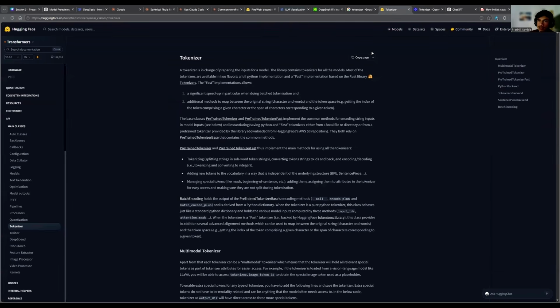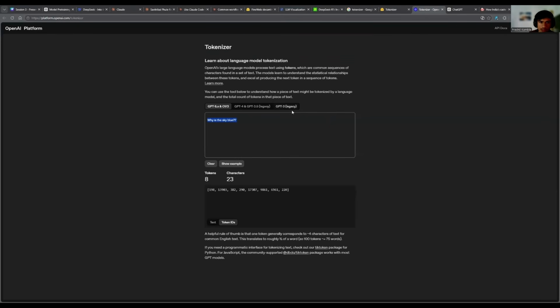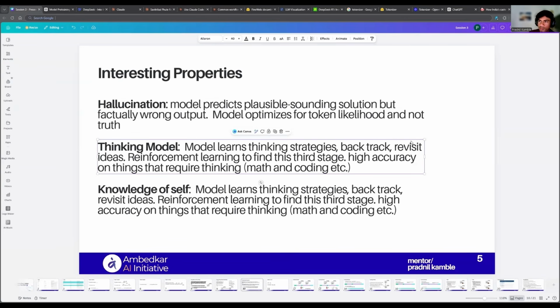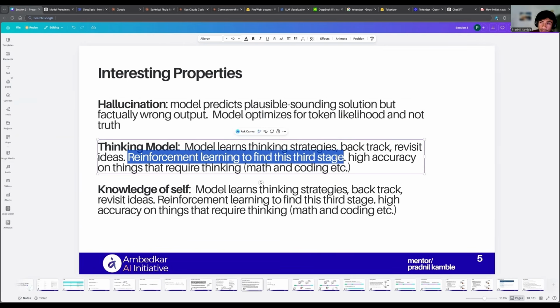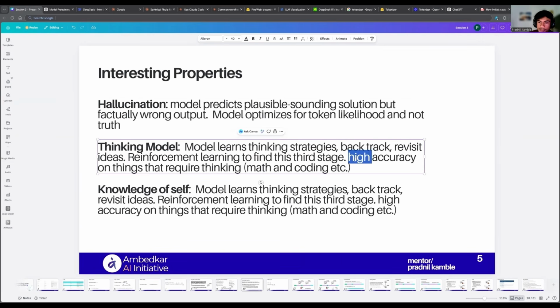It wants to break these tokens down into many more tokens, and that is how it looks and feels like something that we do as humans. What we do is we take our problems and we stretch them, we make them big, in a way that we can tackle them separately and break them down. So this is something that is done by reinforcement learning, and it is the third stage that adds even more accuracy so that the model starts to think.